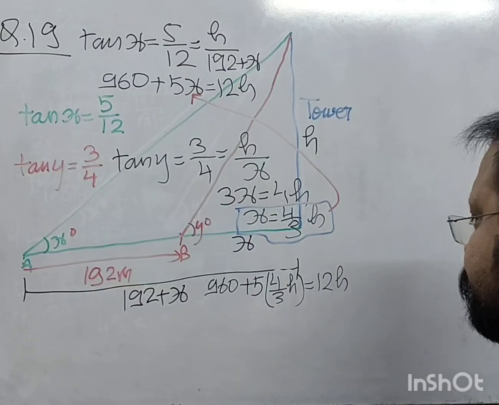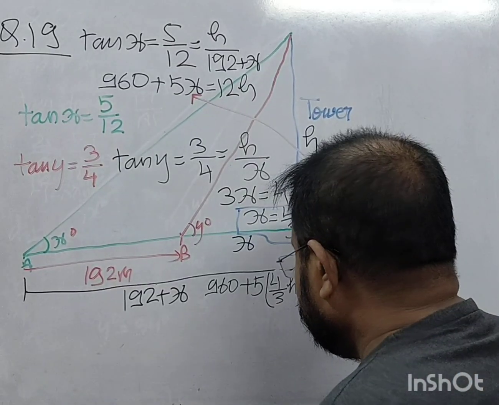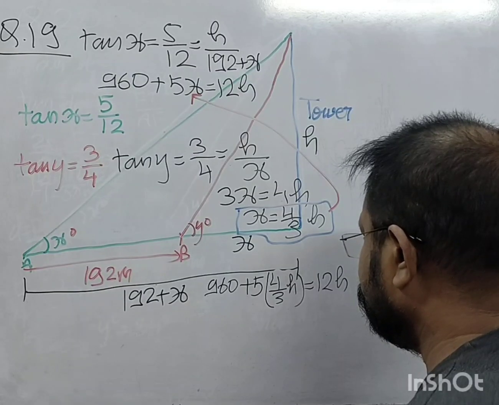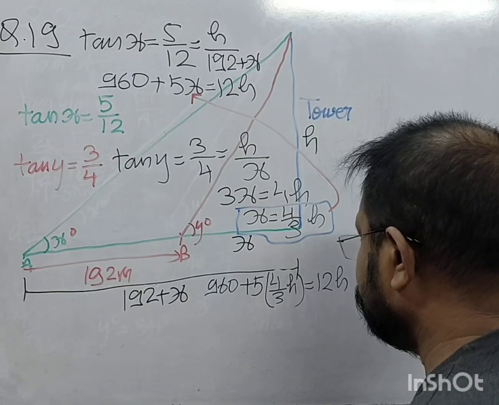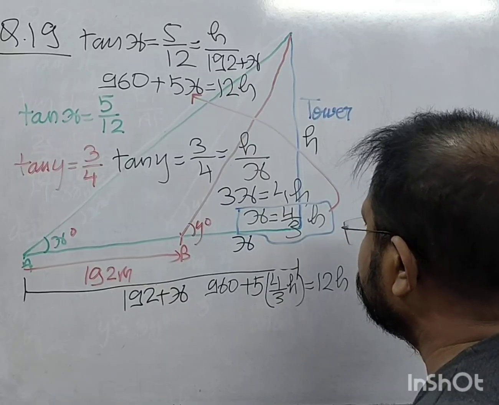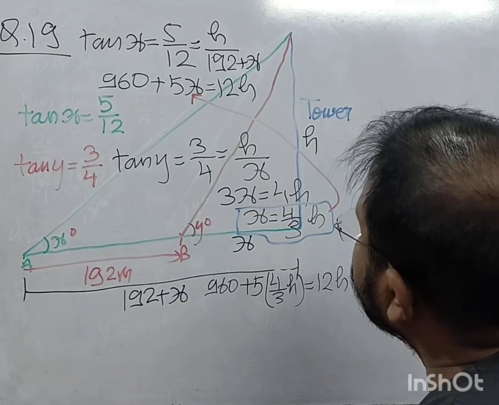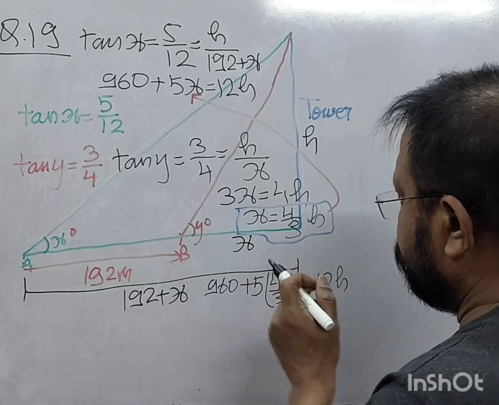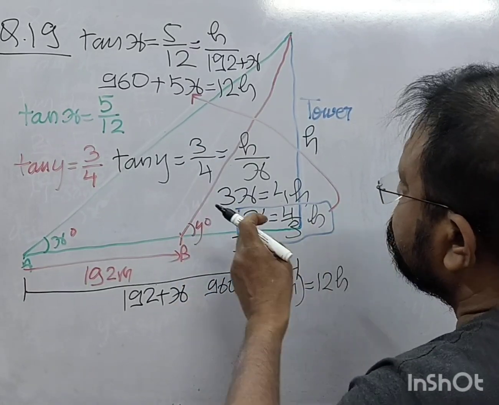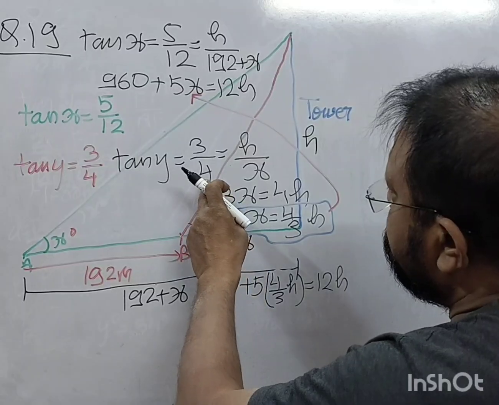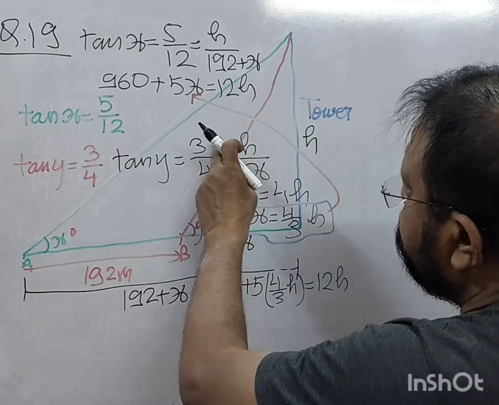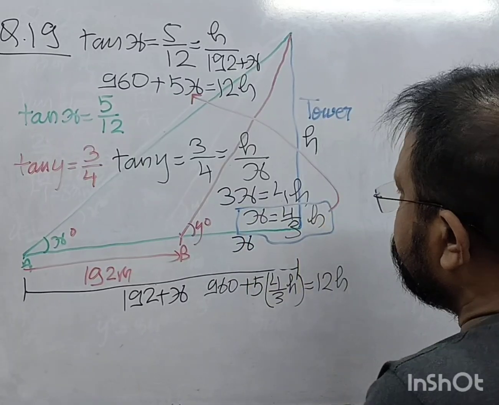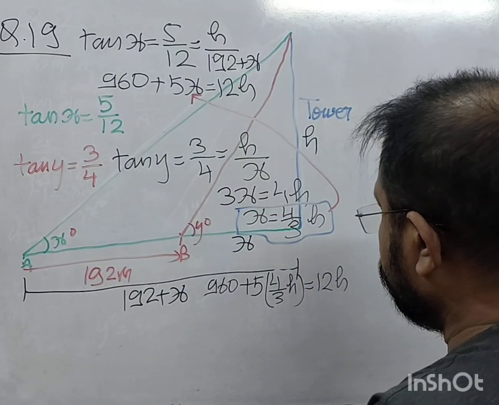Sorry, this is 3 by 4. So 4 will go up, 3 comes down. So that 3x is equal to 4h. x is equal to 4 by 3 h.